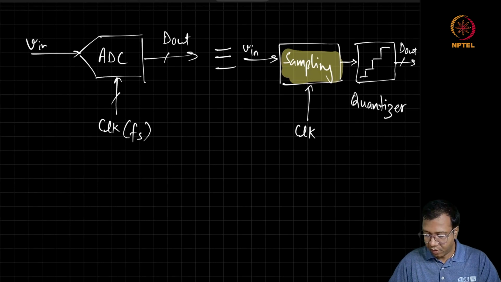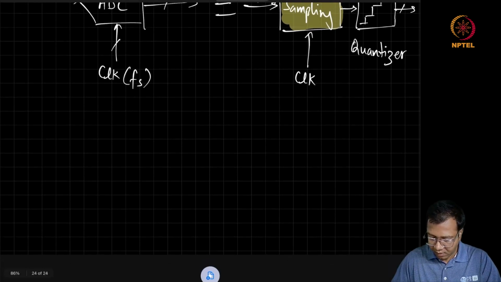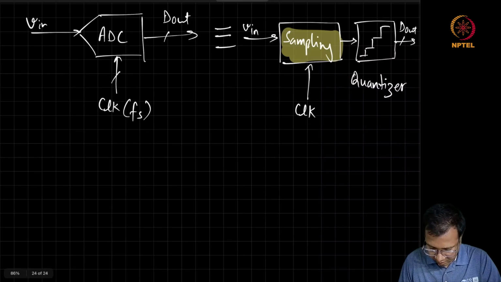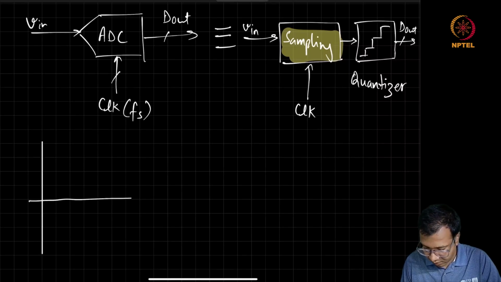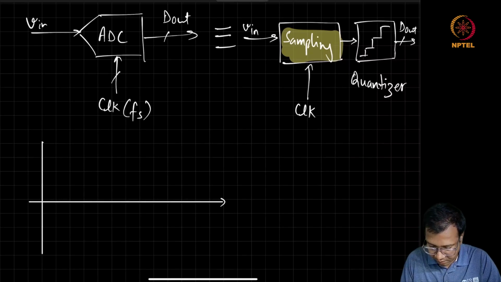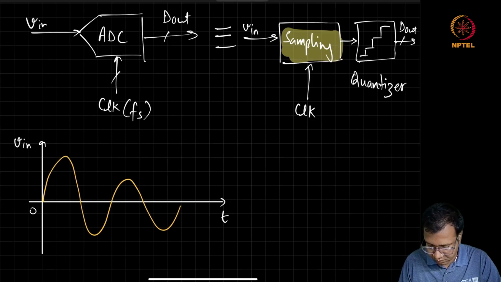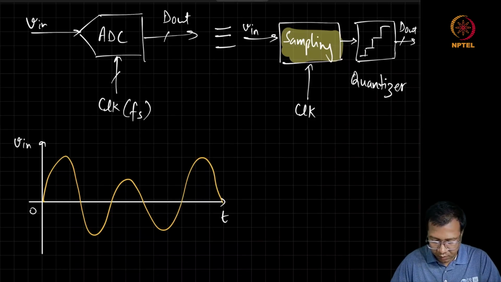So if we look at this sampling operation, let's say we have input V in changing with time. When we say we are going to perform sampling, it means that we are going to take periodic samples of this continuous time signal.